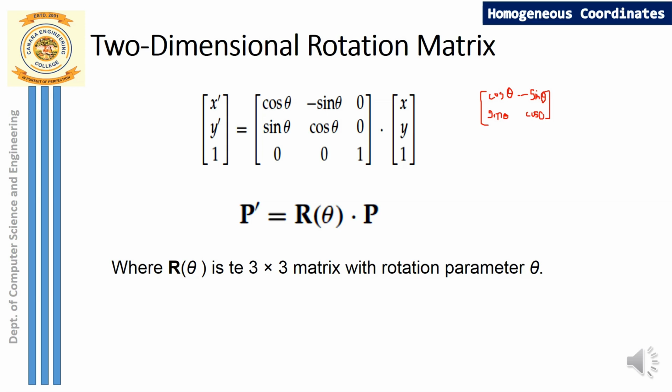So this was our 2D rotation matrix. Now we are extending this to a 3 by 3 matrix. How do we write that? The equation remains the same. It's the general equation: P dash, the new point, is obtained by multiplying a matrix with the old point.